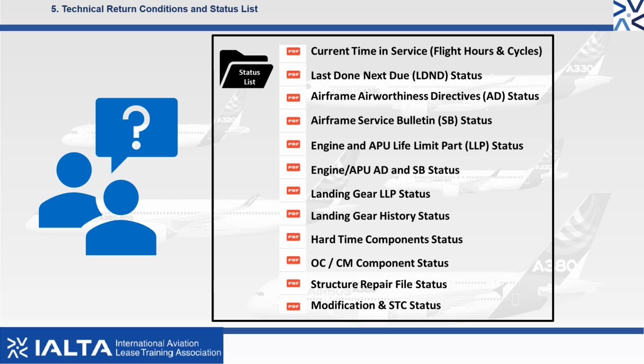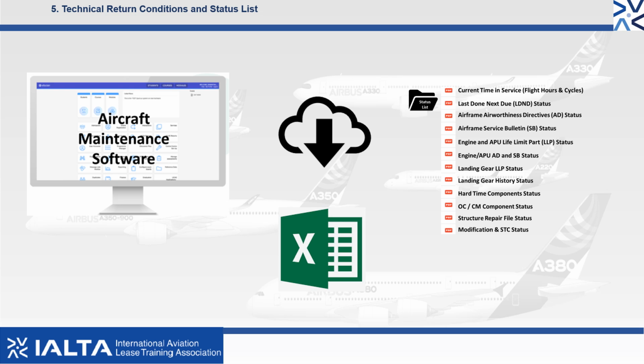So what is the status list? It is a signed and dated set of technical records to confirm the condition and status of the aircraft at the date received. The status list is downloaded from the airline's maintenance software platform. Always request it in Excel format to make your job easier.